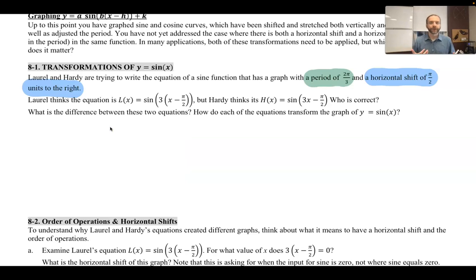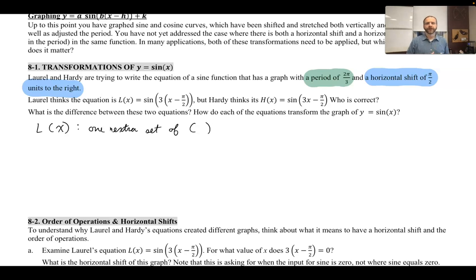In order to do that, we need to figure out what the similarities are and what the differences are. So first, what are the differences in these two equations? Well, if I look at it, Laurel has one extra set of parentheses. So let's kind of write that down. L of x has one extra set of parentheses. Okay, what else is different?